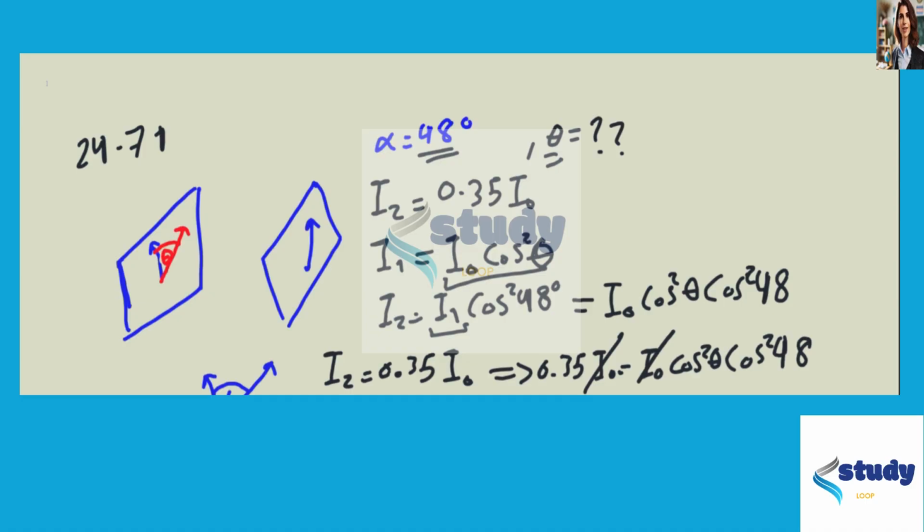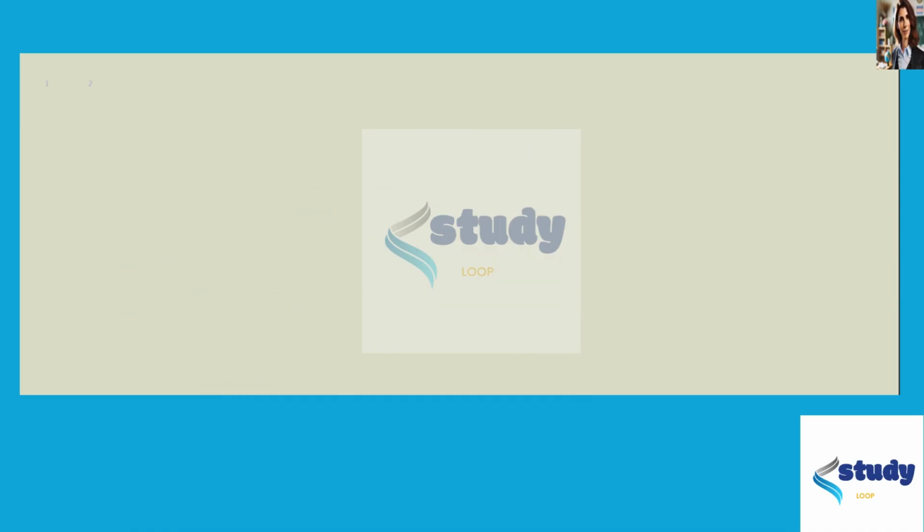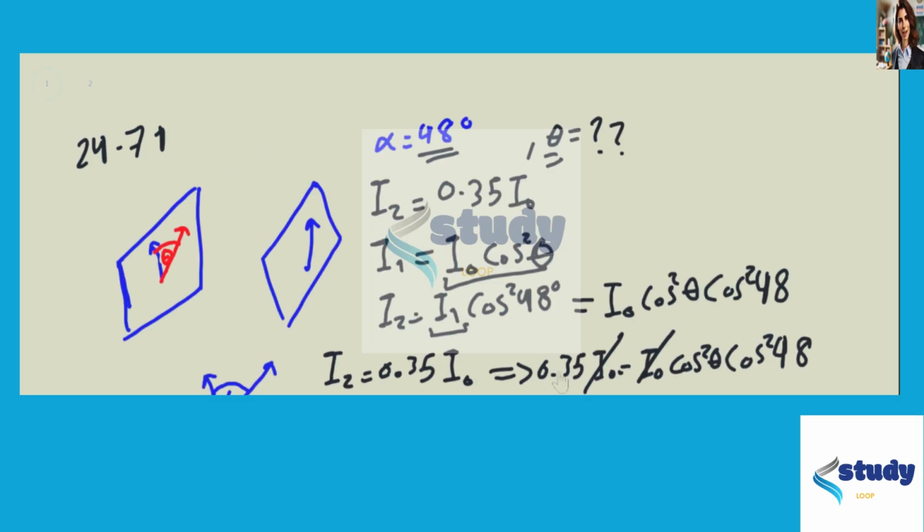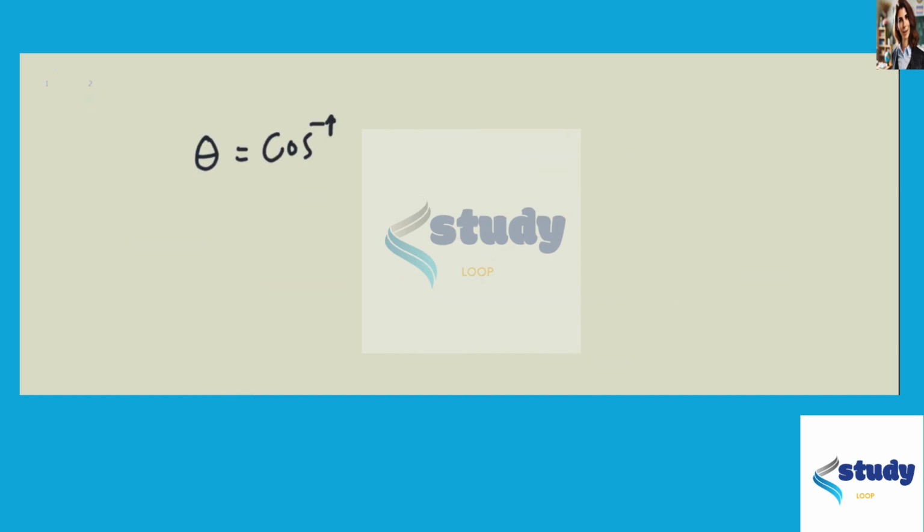So theta would be the arc cosine, the inverse cosine, of the square root of 0.35 over cosine squared 48 degrees, which will give us 28 degrees.